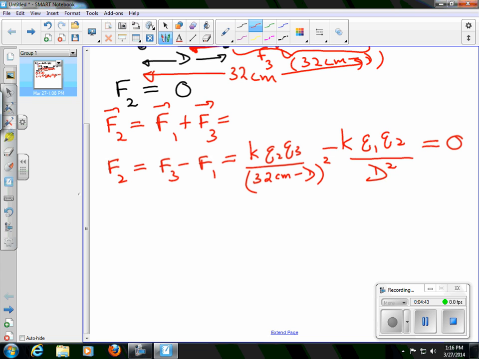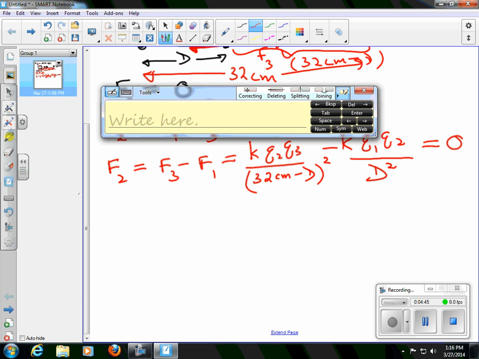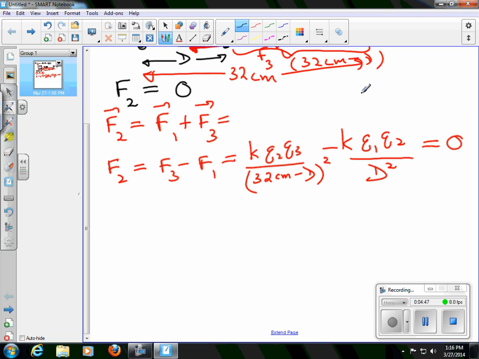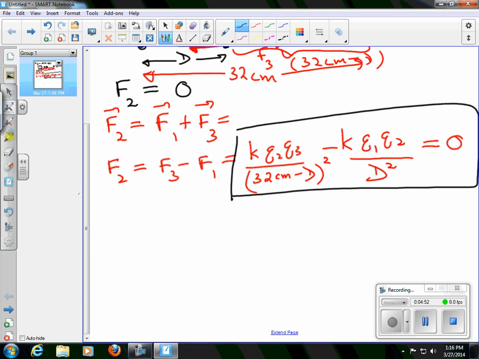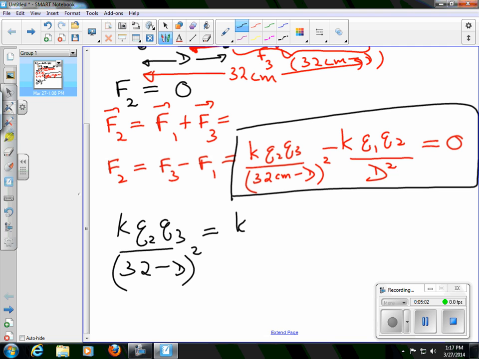This is my equation: K Q2 Q3 over 32 minus d squared is equal to K Q1 Q2 over d squared.